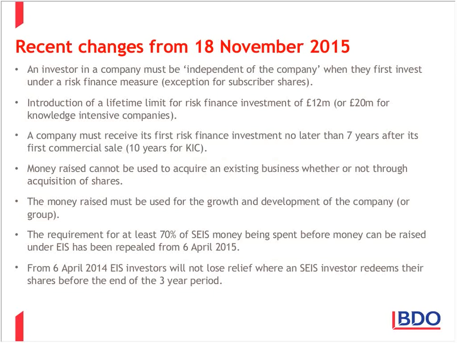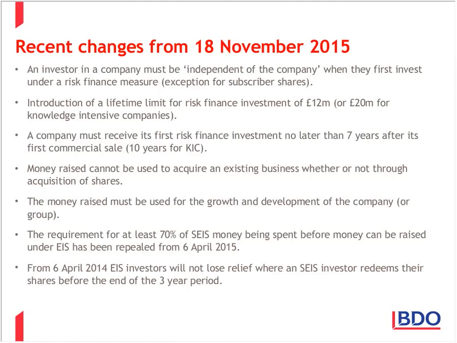The first one is a bit of a trap: the investor must be independent of the company when they first invest. So in the past, you could have, say, £100 worth of shares in a company, and then later on invest £100,000 and claim EIS relief on the second investment. Now, unless you claim EIS on the first investment, you won't be able to get relief on the second investment. So that's a trap to watch out for.